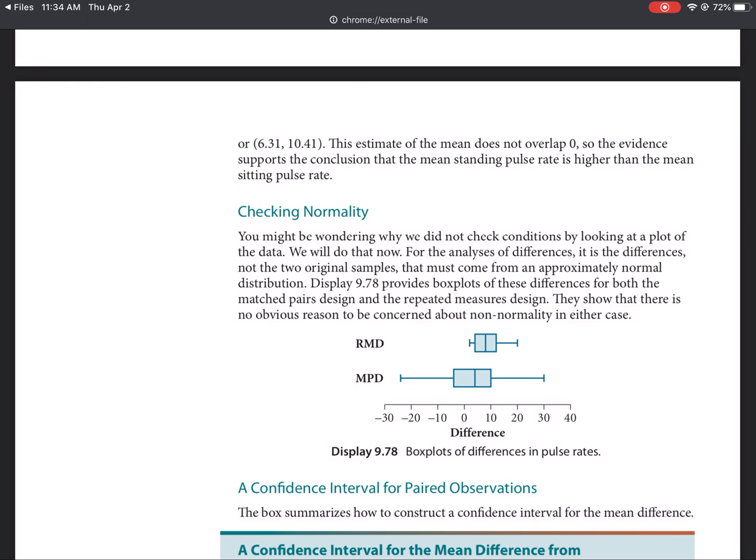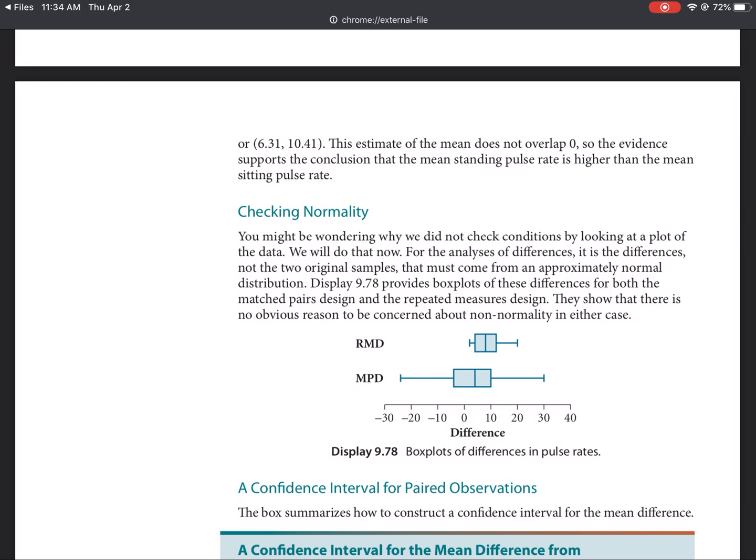So if the repeated measure test says something that the other tests don't, you're more likely to rely on that repeated measure test. If one of the other tests had become statistically significant and then the repeated measure test said that it wasn't statistically significant, you're still going to rely on that repeated measure test.